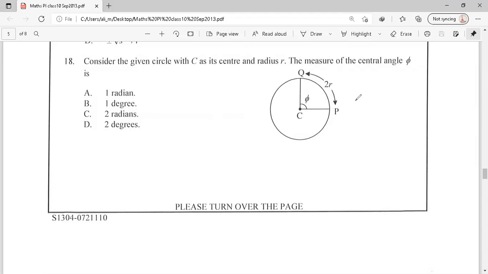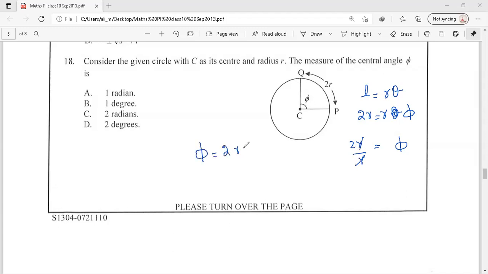So let's apply the formula, that is, arc length is equal to radius times the central angle in radians, and arc length is equal to 2r, and radius is equal to r, and theta is phi. So the value of phi will be equal to 2r over r. So the central angle phi is equal to 2 radians. So the correct answer is option C.